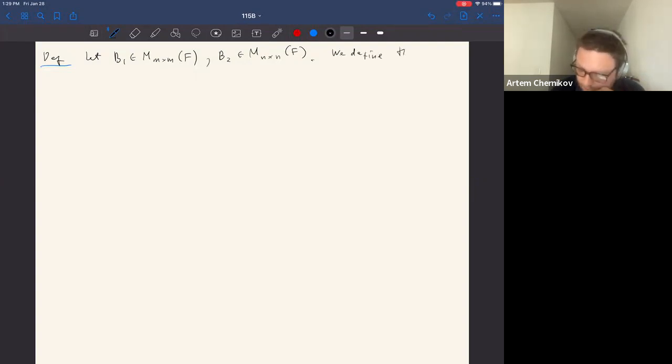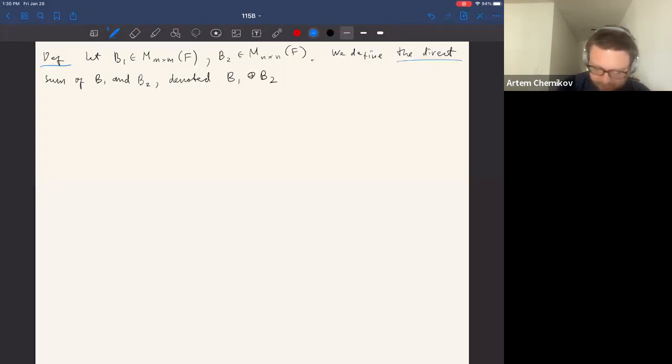Then we define the direct sum of B1 and B2, denoted as B1 plus B2. Again, we use the same symbol, and you'll see why soon.